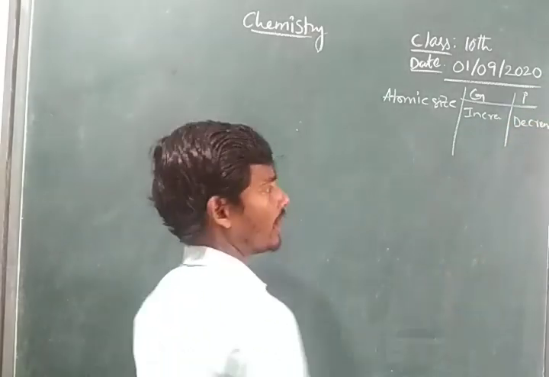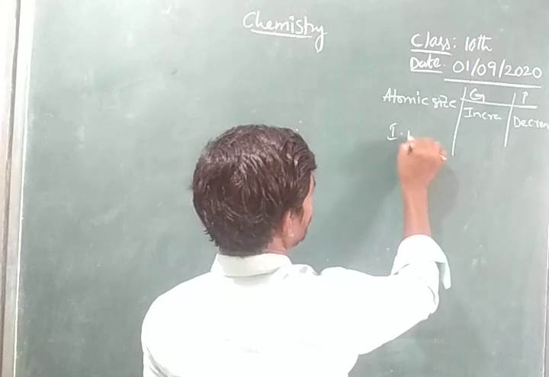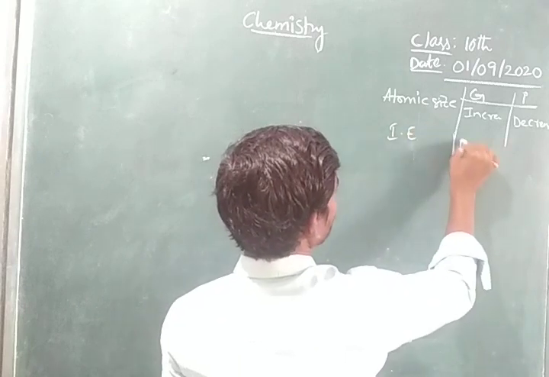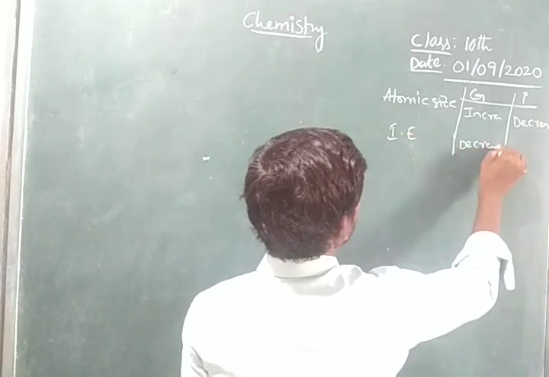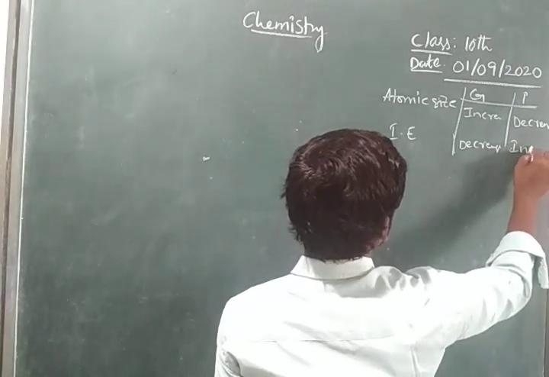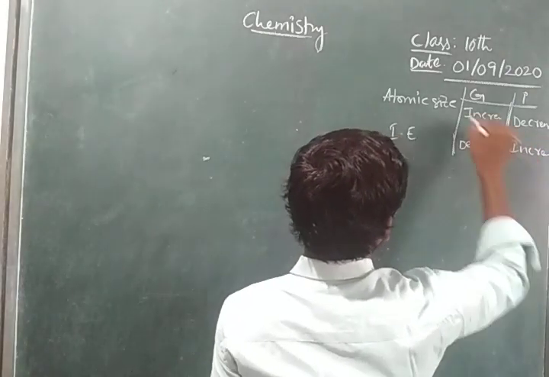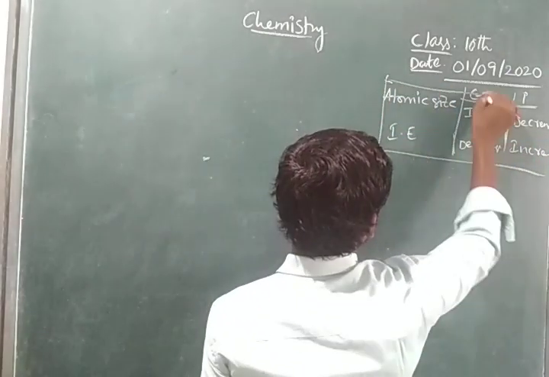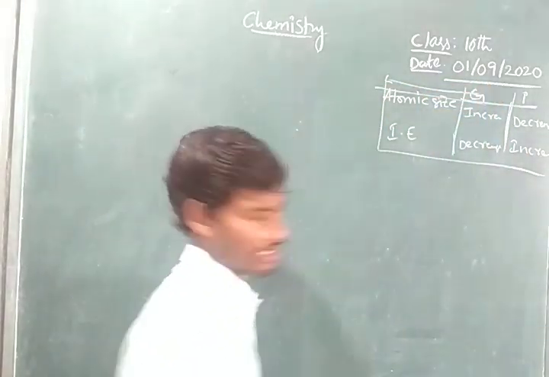Right children? And secondly ionization energy: in groups it decreases, in periods it increases. Right children? These are the two periodic properties we discussed in the last classes.